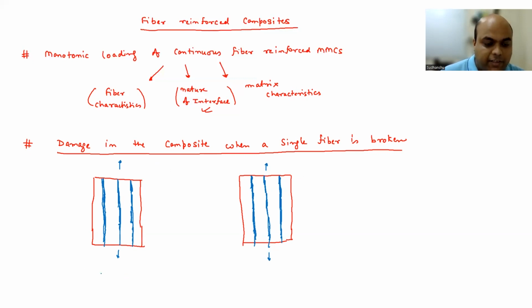So two scenarios can happen. The first one is for weak interface. And the second one is for strong interface.